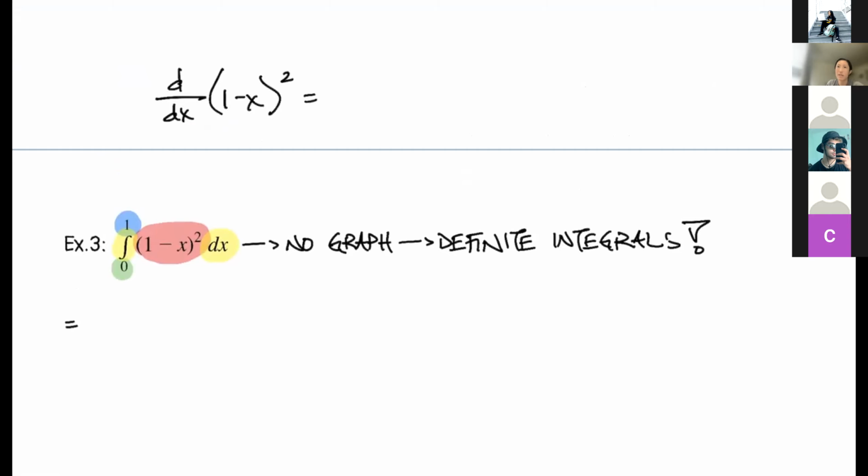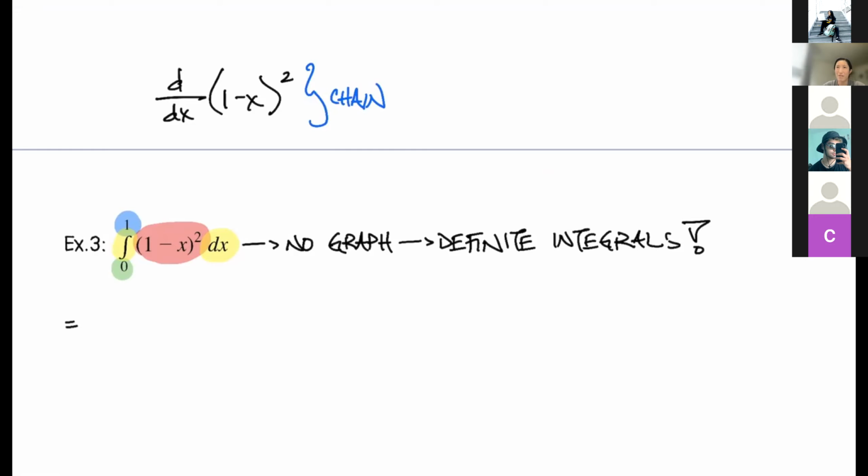Right? If I were taking that derivative, I would 100% want to use chain rule, right? Now, we don't know chain rule for integrals yet, but that is the big rule we will learn next week or the week after, okay? So we don't know it yet.